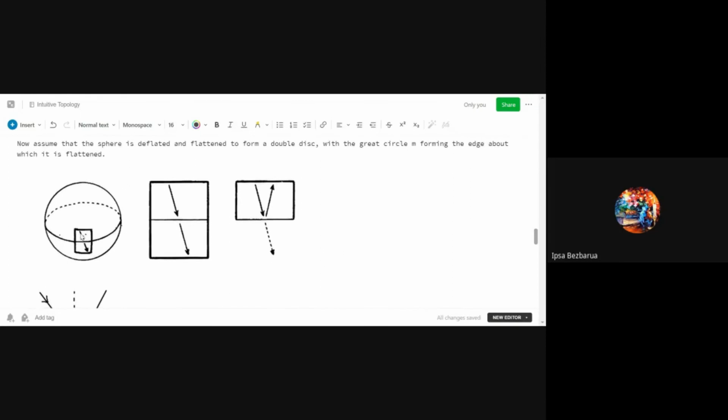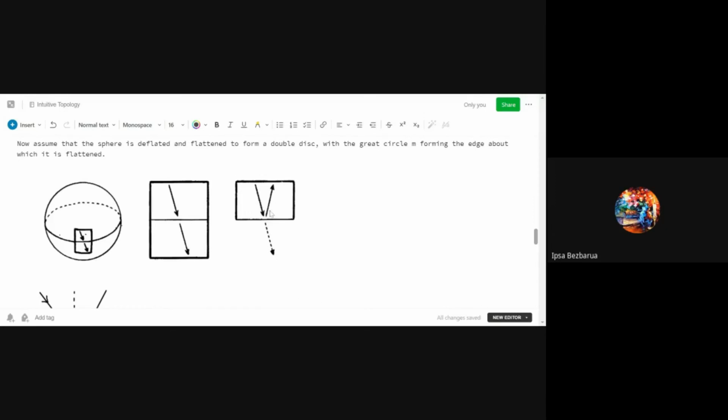So if I have a vector field going like this, after the flattening operation, this vector field forms two different vector fields, one like this and one going this way. It can't be the same vector field because there is a sharp jump. It's not continuous.